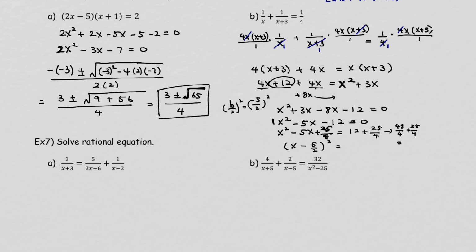Which will give me you get 73 over 4. So when you square root each side, I get x minus 5 over 2 equals plus minus square root of 73 over 4. So my x should be equal to 5 over 2 plus minus square root of 73 over 2.